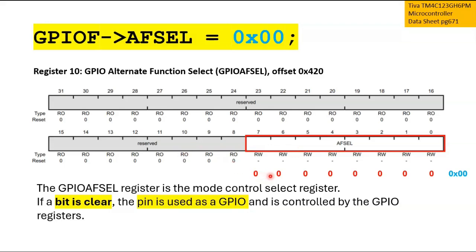Now, in this case, we are setting all the bits in the AFSEL to zeros. That means we clear all the bits, and that means all the pins are used as GPIO.